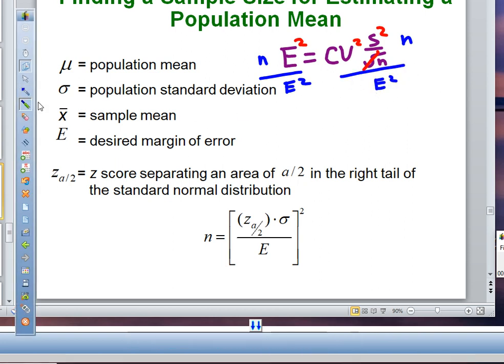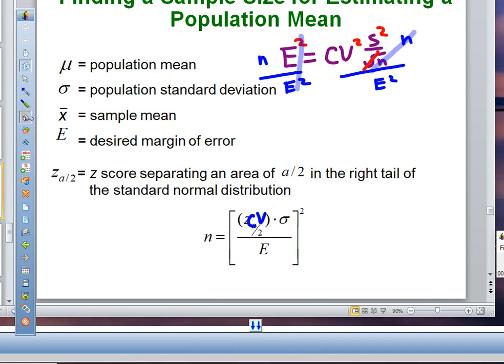So then those go away, and you're left with n equal to the critical value squared times s squared over e squared, and that's what you've got. This is your critical value. Well, the whole thing squared, so they actually used, sorry, my bad.